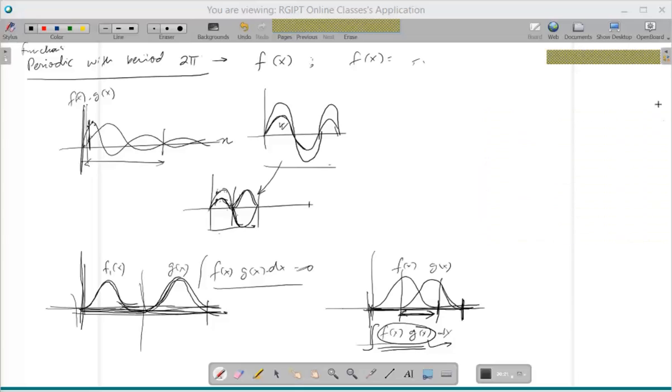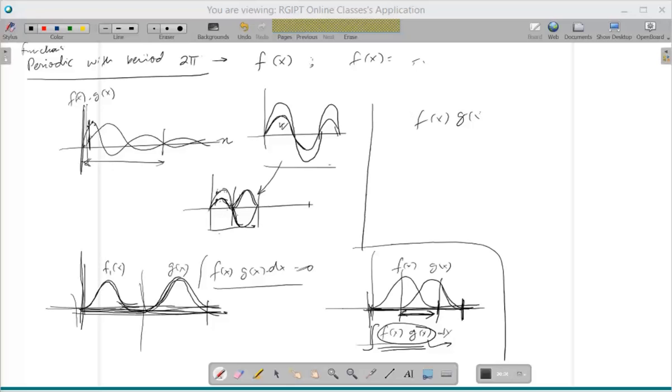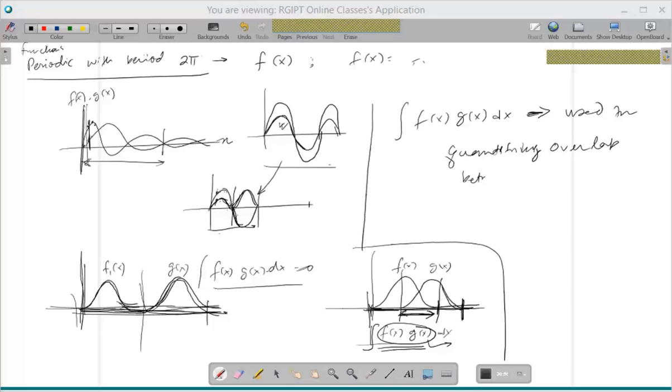So I guess even for the rest of the class, this is probably convincing enough for justifying this decision, that this can be a good definition or a good way to quantify overlap between two functions.